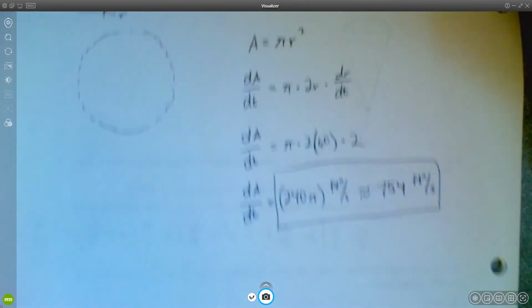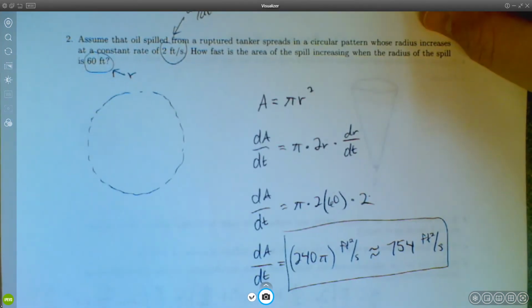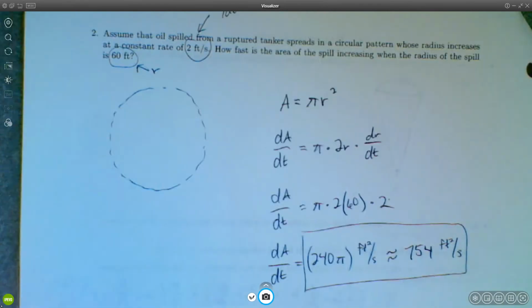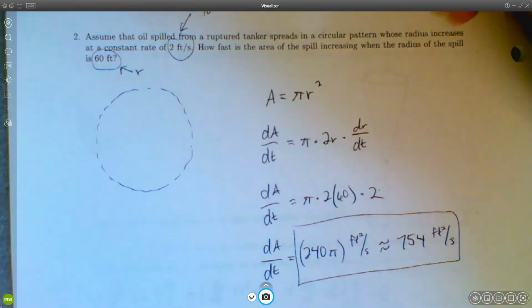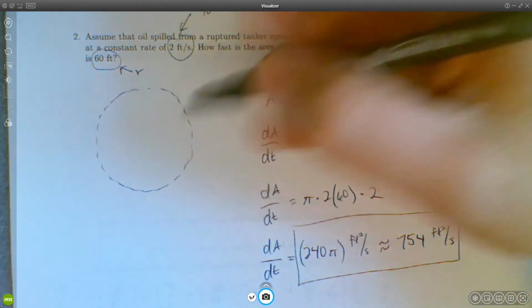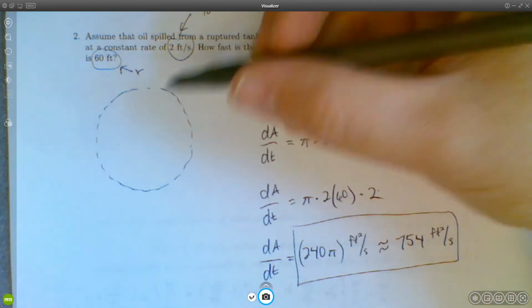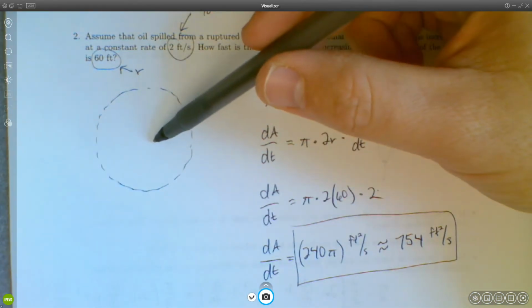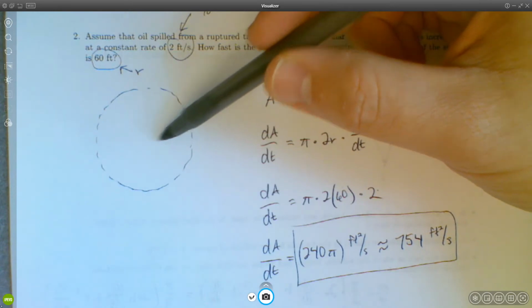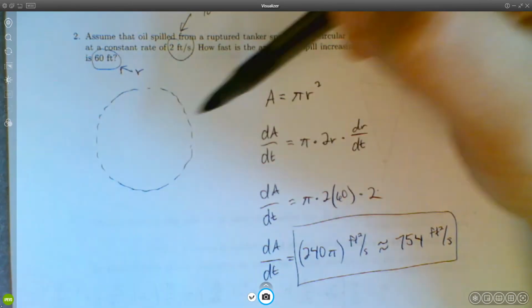Now something to point out about this is, notice that even though the radius is increasing at a constant rate, the area of the circle is not increasing at a constant rate. When the radius is, let's say, 1 foot and then increases to 2 feet, that's going to double the area.